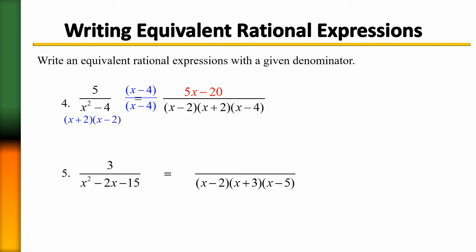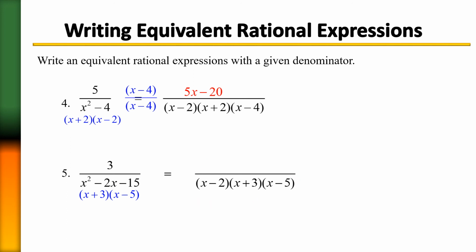On the next example, we're going to go ahead and proceed by factoring the trinomial into 2 binomials. Once we do that, again, we want to ask ourselves, what is x plus 3, x minus 5 missing in order for it to be the complete denominator here, LCD?